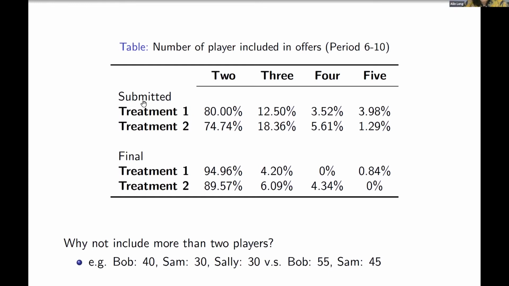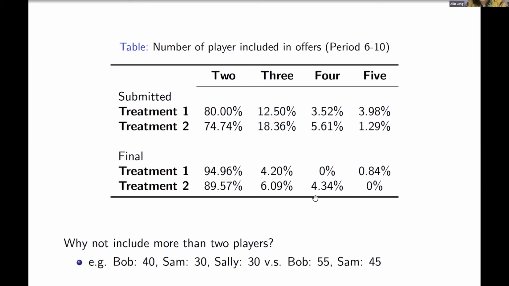It is clear that, for both the submitted offers and the accepted final offers, most of them are between 2 players, that is, 1 buyer and 1 seller. Players still submit offers involving more than 2 players, but they are not accepted because most coalitions are between 1 buyer and 1 seller.